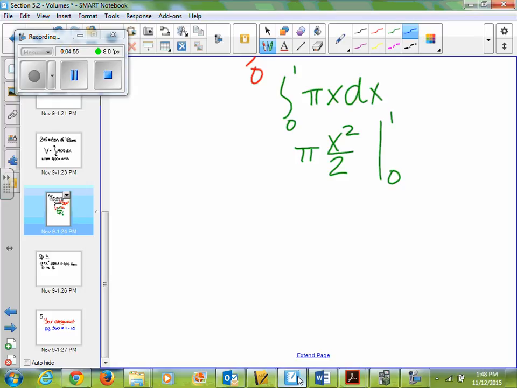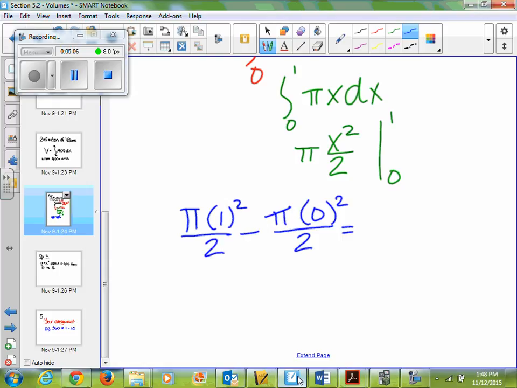So plugging that in, I get pi times 1 squared over 2 minus pi times 0 squared over 2. Okay, so 1 squared is 1, 1 times pi is pi over 2. 0 squared is 0, 0 times pi is 0 over 2.